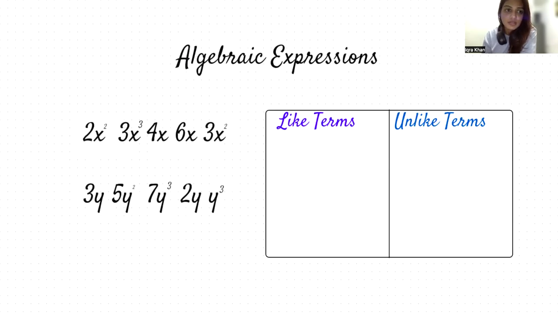So those are like terms in the first set, okay? So we're going to write them down. 2x squared and 3x squared. Okay, so let's put them down.